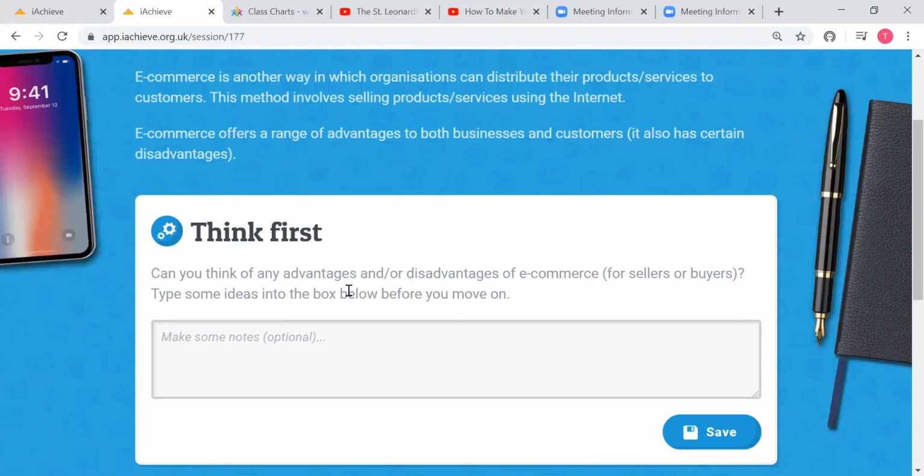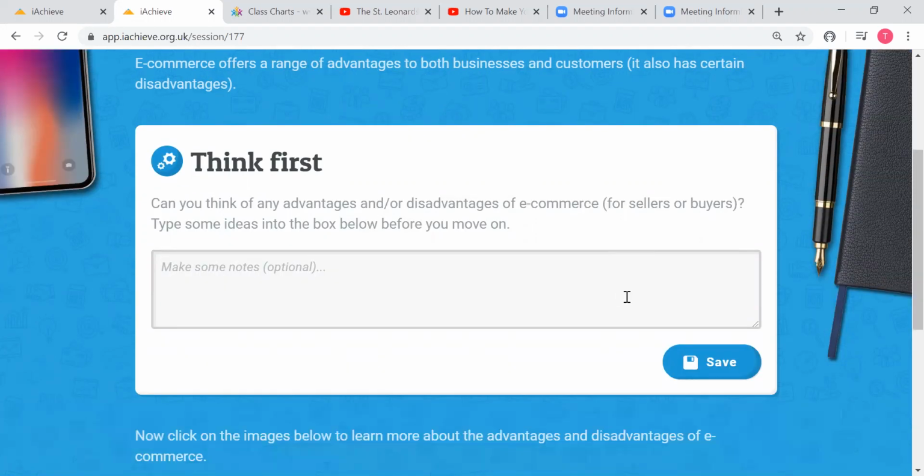So think about any advantages and or disadvantages of e-commerce for sellers and buyers, and be thinking about what you don't have as a buyer when you are buying online. What can you not do that you could do in a retail shop? Likewise, what can you do online that you can't do in a retail shop? So one example that I can think of is I can't touch and feel a good, a tangible item.